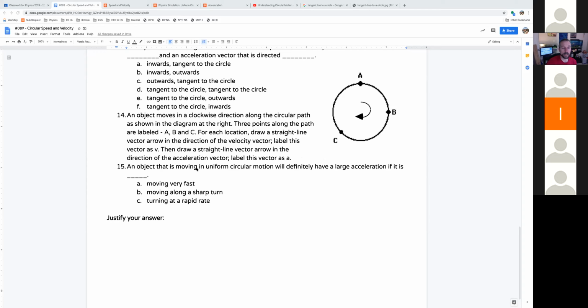Finally, number 15, an object that is moving in uniform circular motion will definitely have a large acceleration if it's doing what? Could there be more than one correct answer to this?